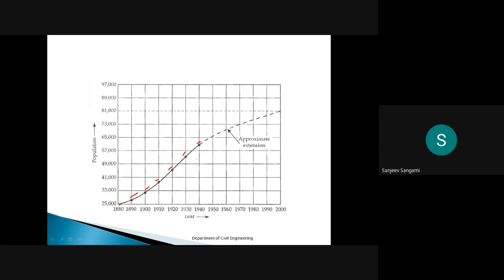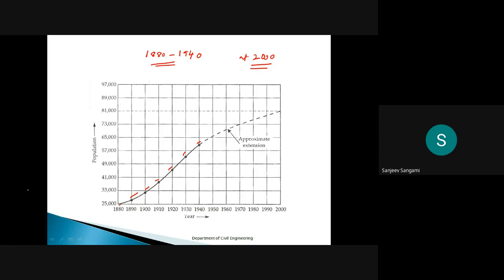From 1880 to 1940 we know exactly with the census data. But if I want to know the population at 2000, then slowly I have to extend this, whatever the trend is, slowly I have to extend it.